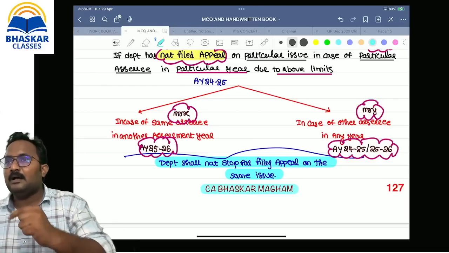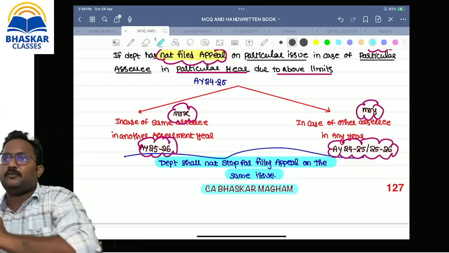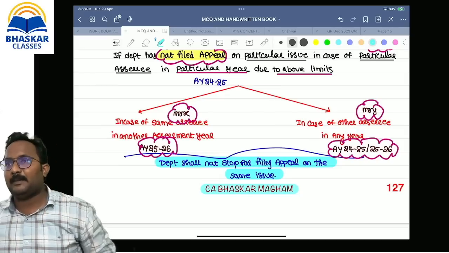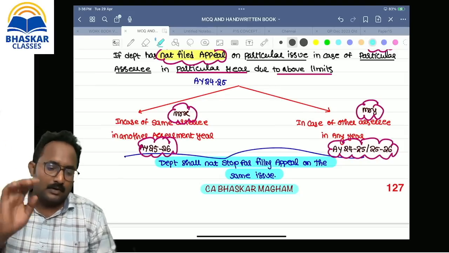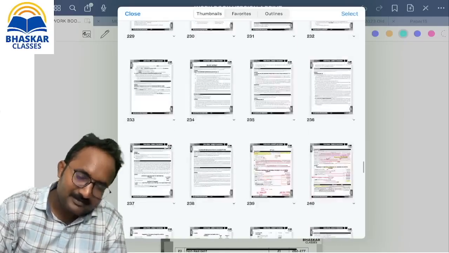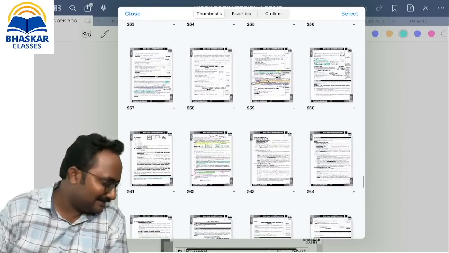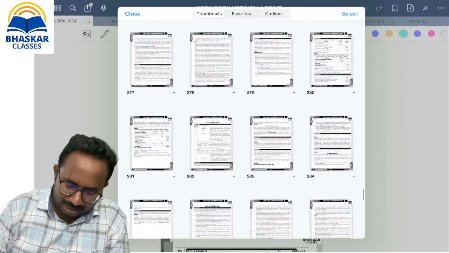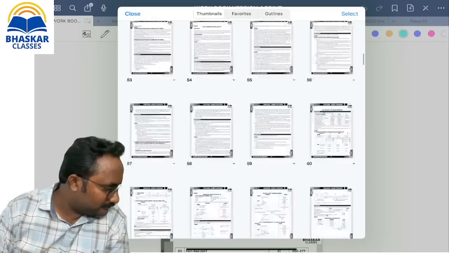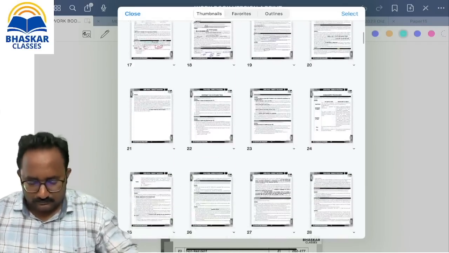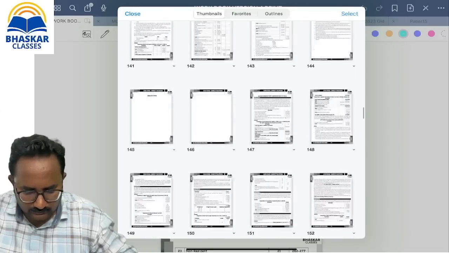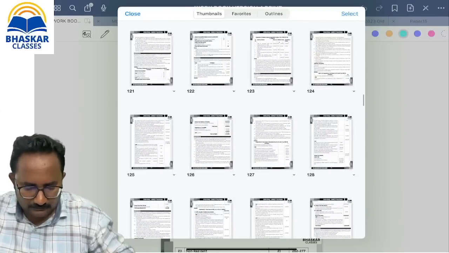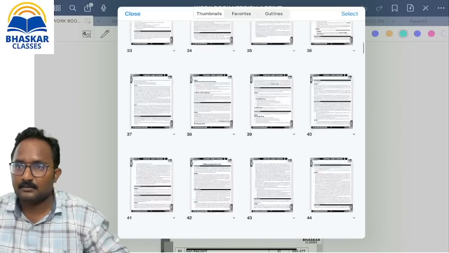Can the department stop making an appeal, or can it continue? The department can continue to make an appeal in the next year before the ITAT, even though the amount is within the limits. Can you refer to the workbook related to appeals? Please quickly open it. I don't want to give a break. Page number 38.